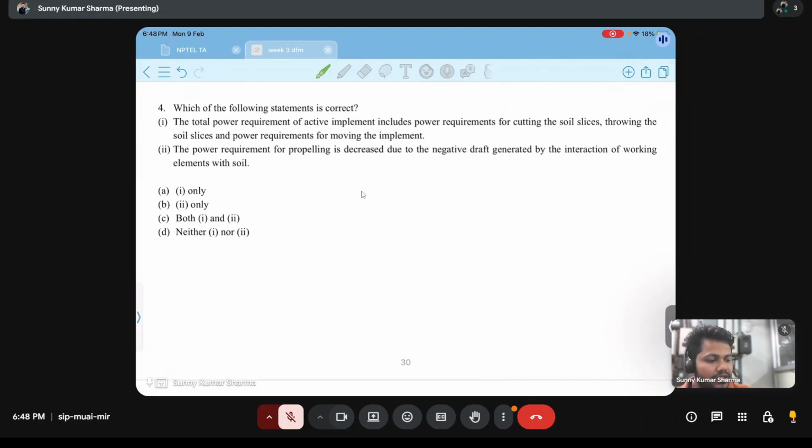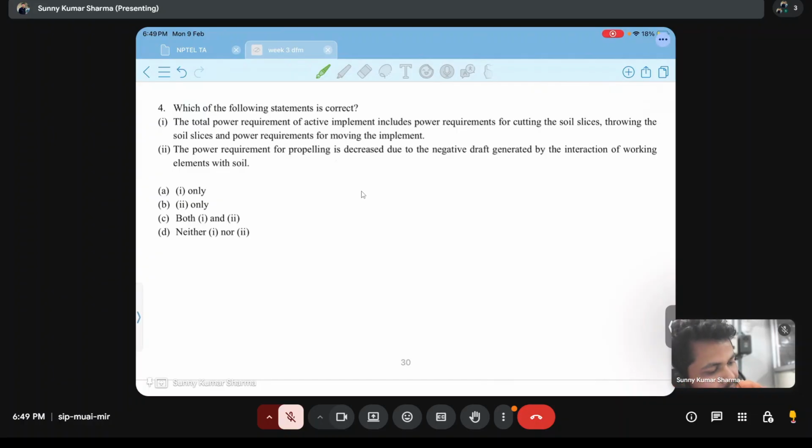So the fourth question related to this is, which of the following statements is correct? The total power requirement of an active tillage implement includes power requirement for cutting the soil slice, throwing the soil slice, and power required for moving the implement. And the second statement is, the power requirement for propelling is decreased due to negative draft generated by interaction of working elements with soil.